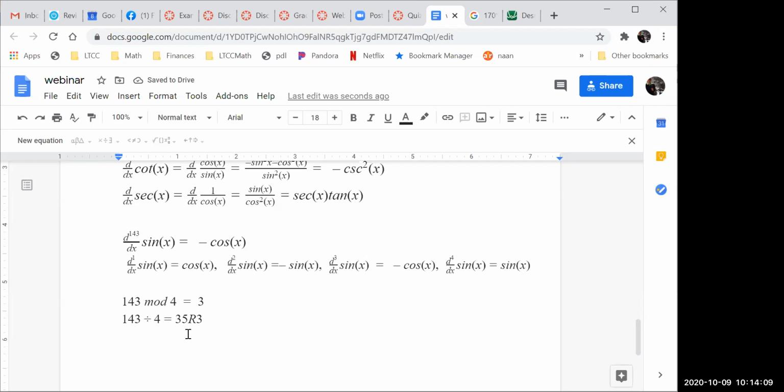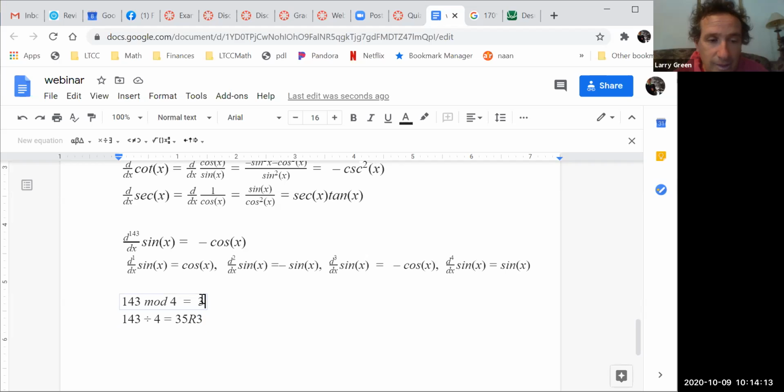And that 3 in the remainder is what the 143 mod 4 is. It means what is the remainder when you divide by that number. And this mod is the computer science way of writing it. I know we have some computer science majors, so I want to make sure I bring it out for you guys. This kind of stuff comes up a lot in computer science.